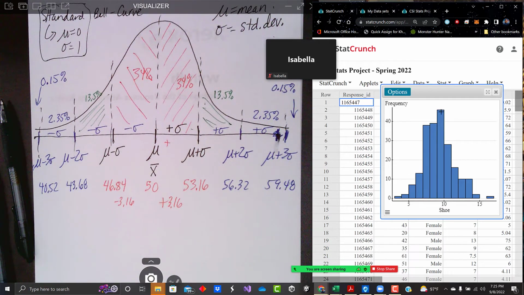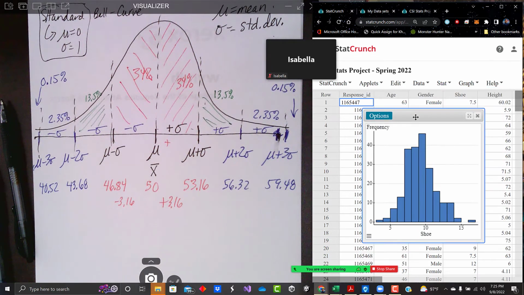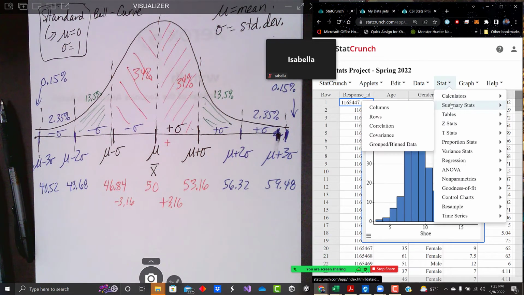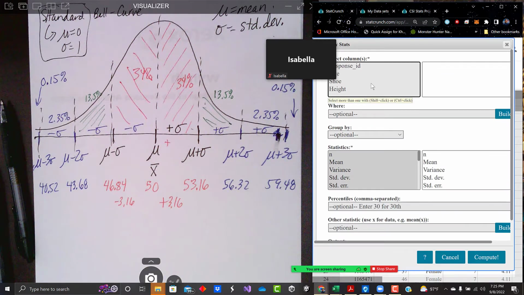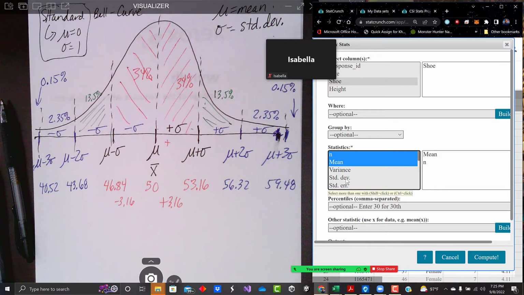This is roughly the shape of a bell. Okay? And if I want to go, let's see, what are the summary stats for this group? So shoe size, I want mean and standard deviation, variance.